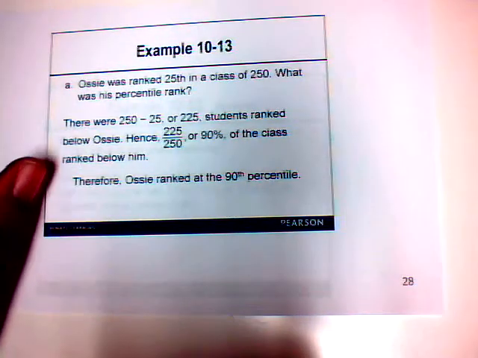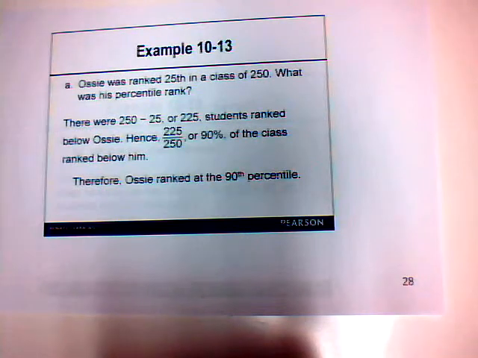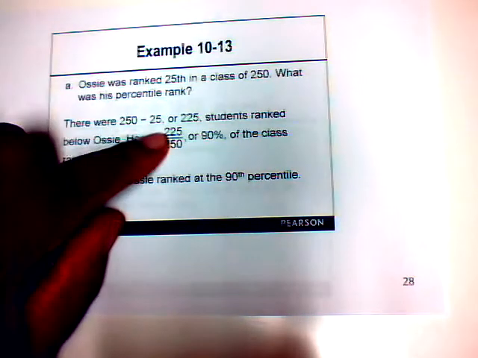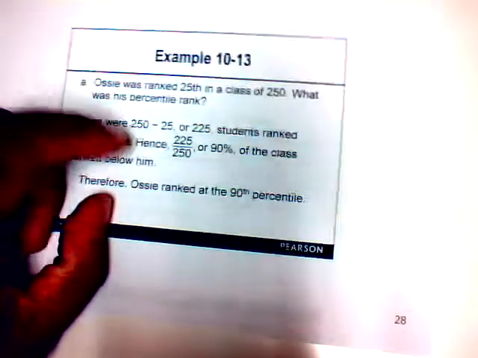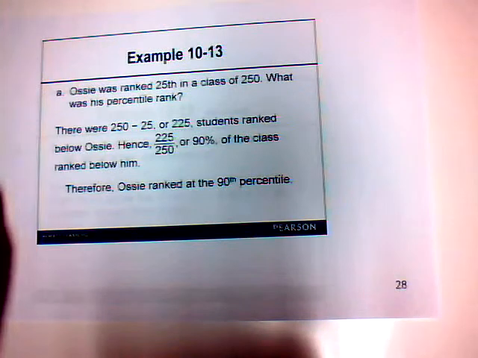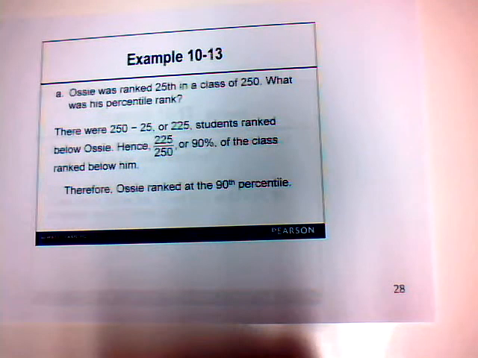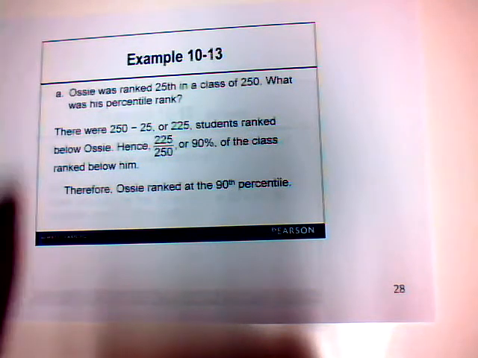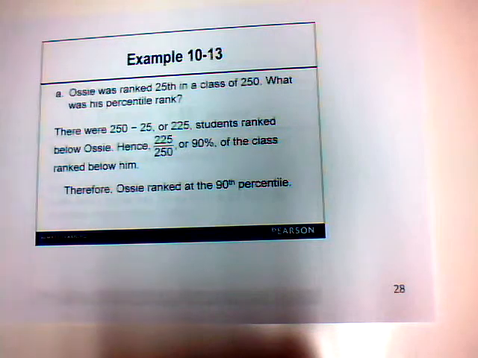That means 225 students in his class were ranked below Aussie. If you take that 225 and divide it by the number in the class altogether, 250, you're going to get 90%, which means 90% of his class was ranked below him. So Aussie is ranked in the 90th percentile.